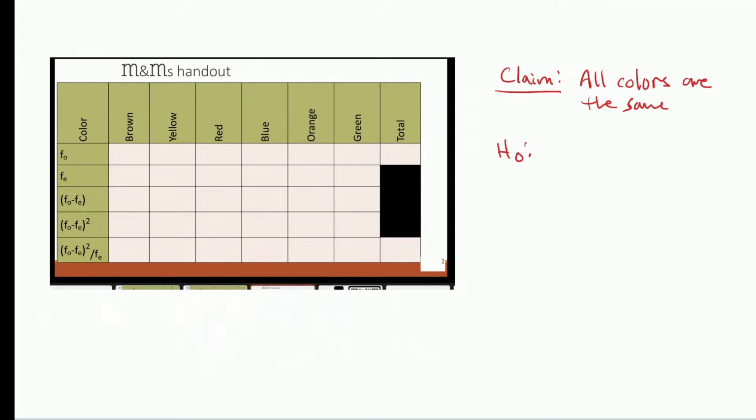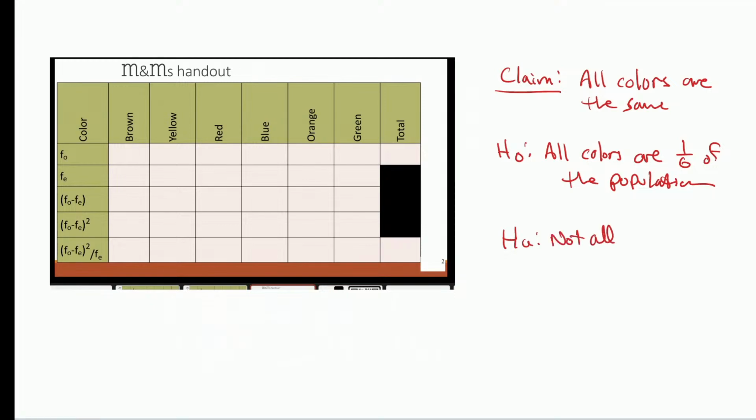The null hypothesis is that all colors are 1/6 of the population. And the alternative hypothesis is that not all colors are 1/6, or maybe that some of the colors are more frequent than the others, and so forth.